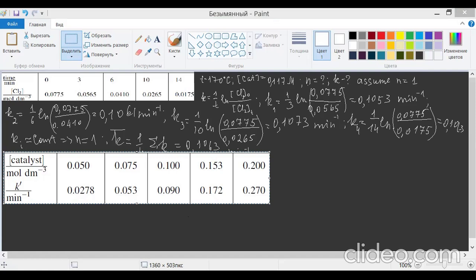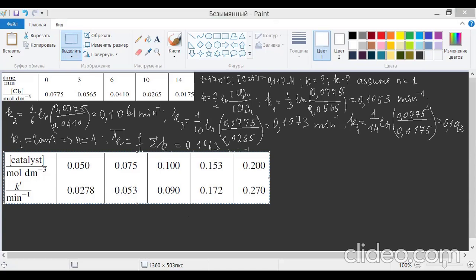We are supposed to determine the order with respect to catalyst, and k prime are found and put into the table.